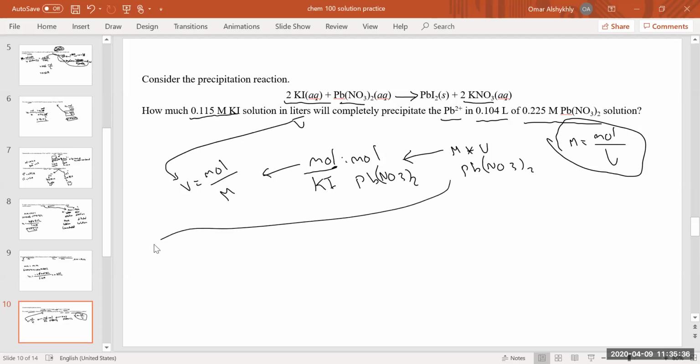So here we will start from here. Molarity times the volume of Pb(NO3)2. We have molarity 0.225 molar, which is mole divided by liter, times the volume. It is 0.104 liter, so I will cancel liter with liter here.